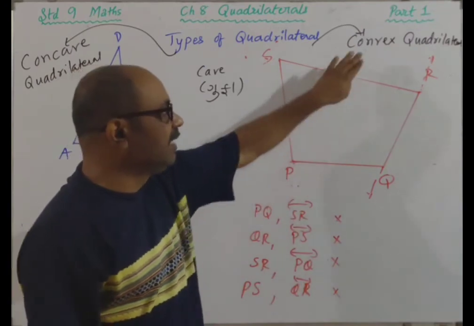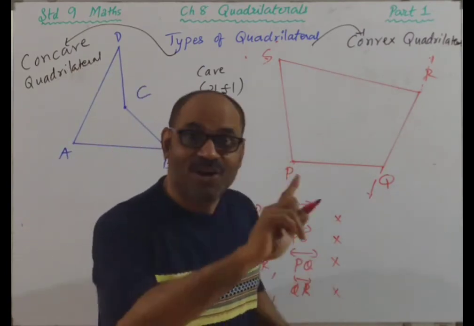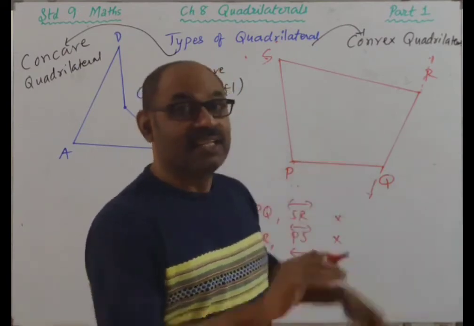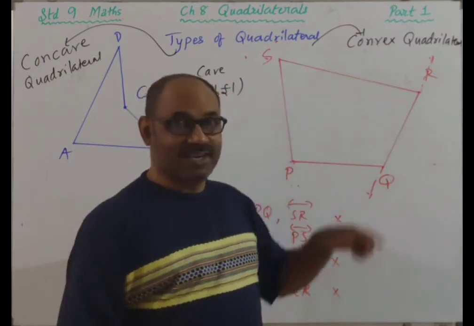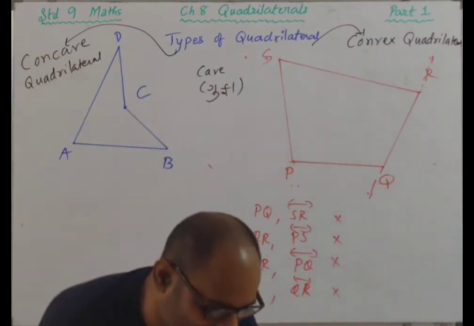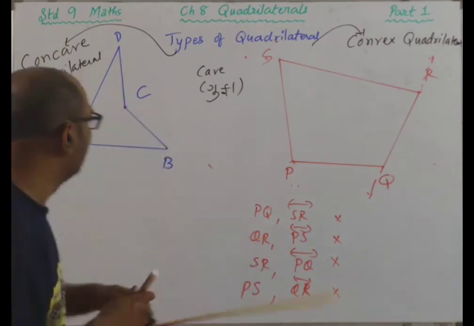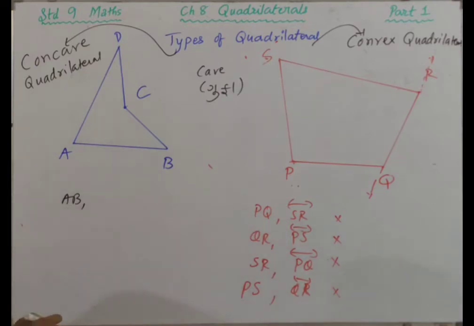So in this second case, in convex quadrilateral, each side of a quadrilateral does not intersect the line containing its opposite side. Such a quadrilateral is convex. Very interesting, children. देखते हैं इसमें क्या होता है. All right. Consider any first side AB.